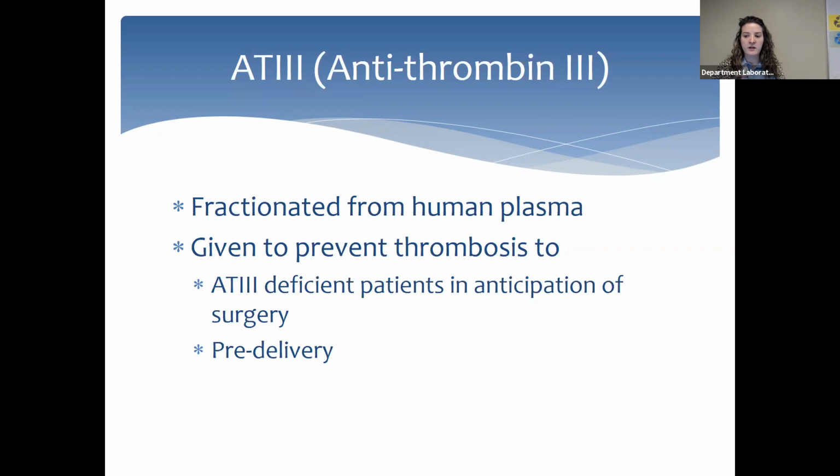And so it's fractionated from human plasma, given to prevent thrombosis. Remember, we have some patients that are AT3 deficient. If they are AT3 deficient, they are not bleeding, they are clotting, because antithrombin 3 is needed to stop the clotting process. All right, so these patients are clotting if they're AT3 deficient.